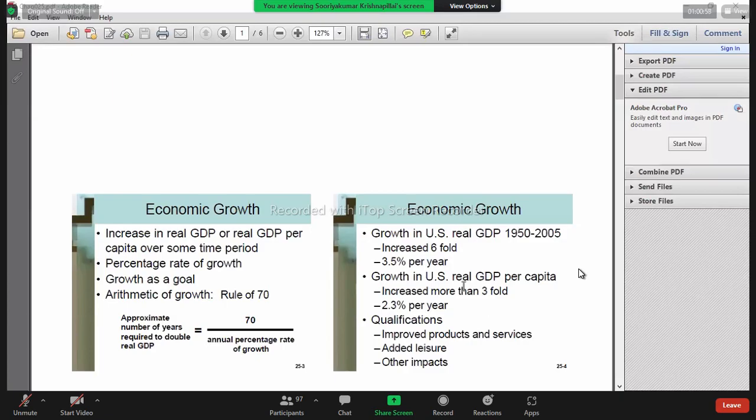In the USA, normally in developed countries, the GDP growth rate is not very high, at a low level of 3.5%. The USA had 3.5% growth from 1950 to 2005, and now it is even less than 3.5%.